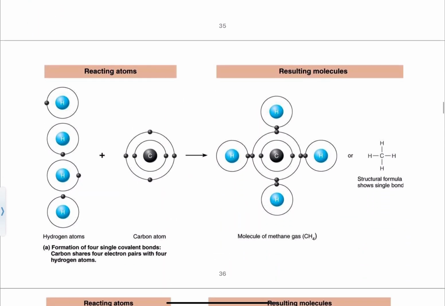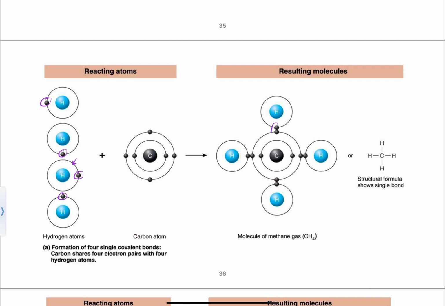Here's an example of methane, which is CH4. What happens here is we have 4 hydrogen atoms, each with a single electron in its valence shell. These 4 hydrogens come together with carbon in order to form covalent bonds. Hydrogen, because this is the first electron shell, only needs 2 electrons in order to be stable or happy.